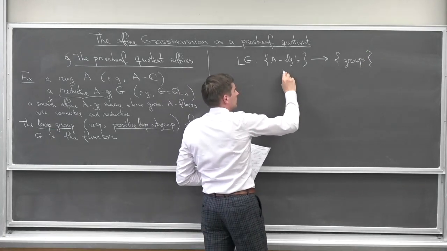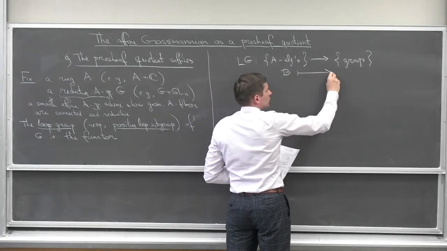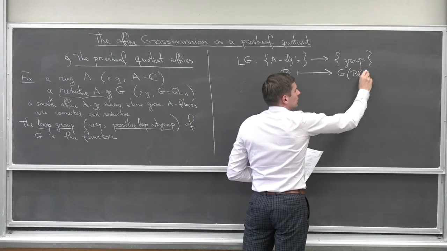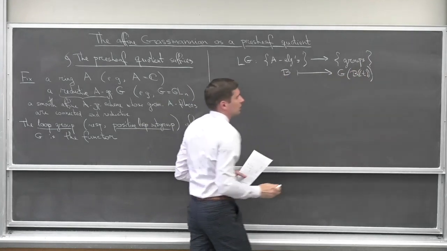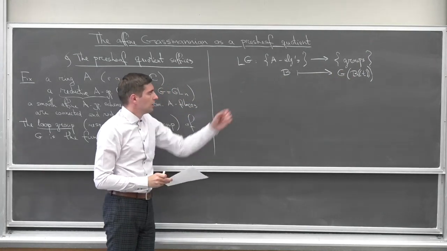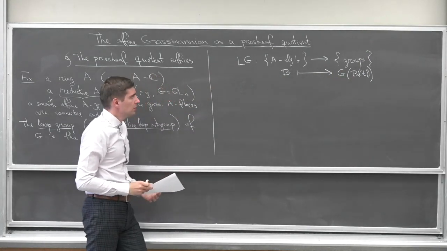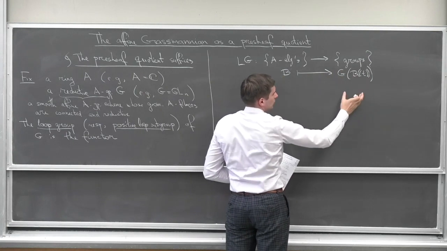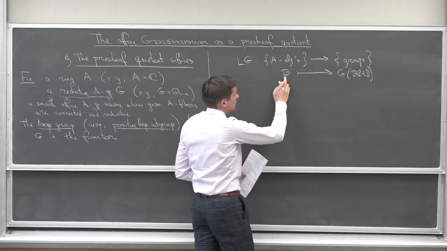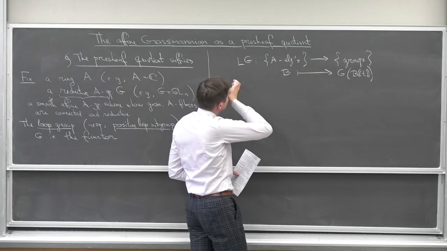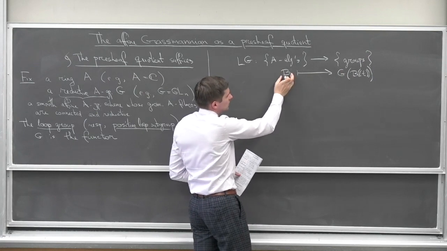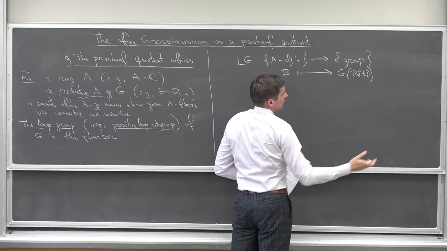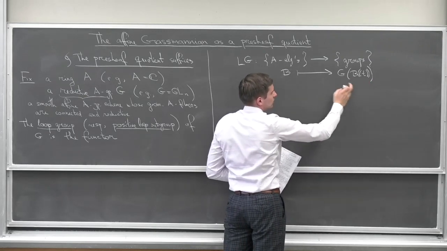It sends an A-algebra B to G evaluated on B Laurent power series, with coefficients in B. So if B is a field K, then it's just K((t)), the field of Laurent power series over K, and one is evaluating G on that.